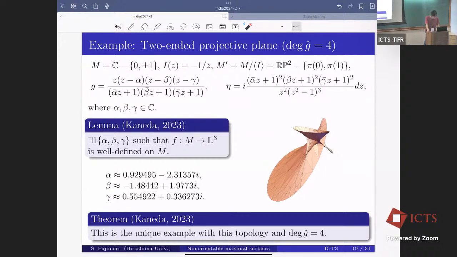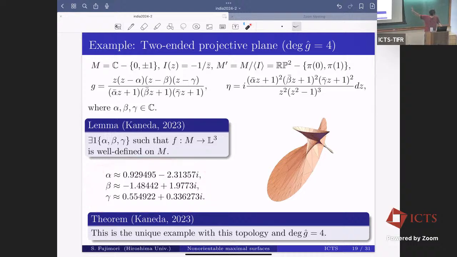And my student Kaneda shows that there exists a unique example of this topology: a 2-ended projective plane with degree G equal to 4. The numerical value is this.